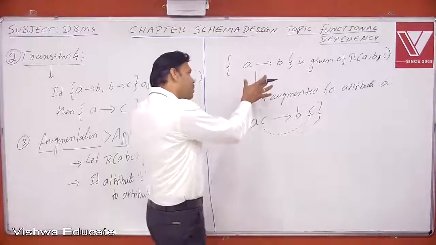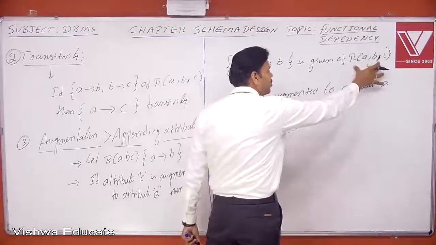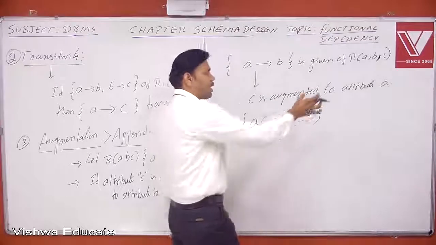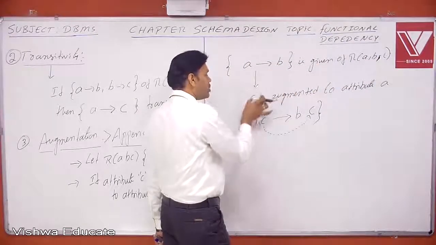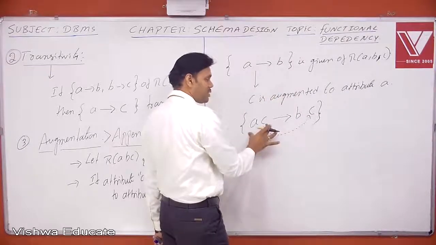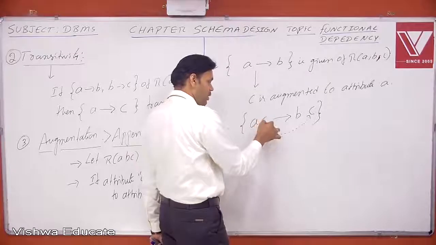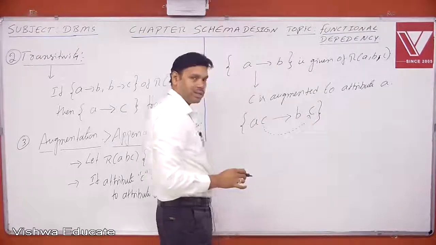So here what is happening? Since A tends to B is given of R of A, B, C and C is not involved in the production, if I attach C over there, then it becomes AC. Since you have AC with you, I can attach C at the right hand side.